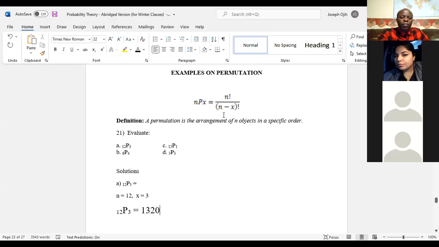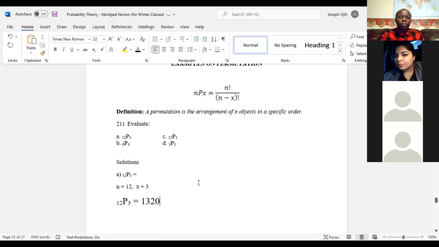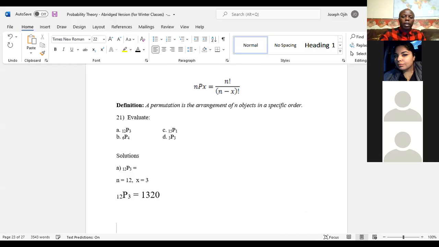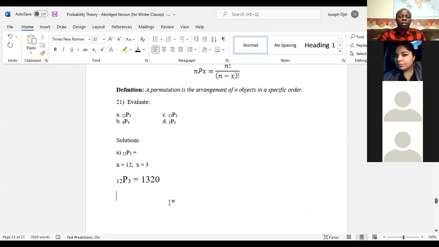Manually, you have to find the factorial for n. That means n is 12, so you do 12 times 11 times all the way to the last number, then divided by what you have, 12 minus 3. 12 minus 3 is 9, right?